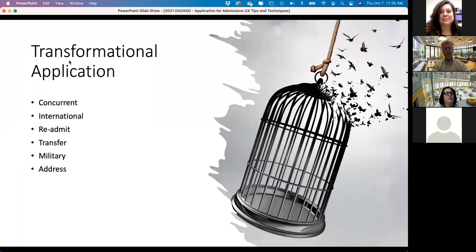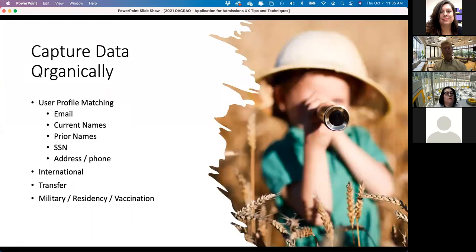So the other thing was just capturing the data organically, which goes hand in hand with what I was talking about with it transforming. For example, one of the things that we will do is instead of collecting social security number, address, phone, all of that right at the very beginning, we will capture that as part of the application itself.